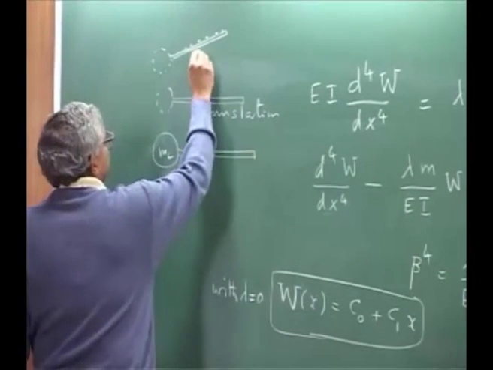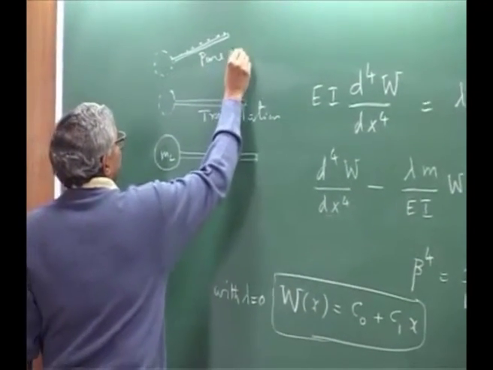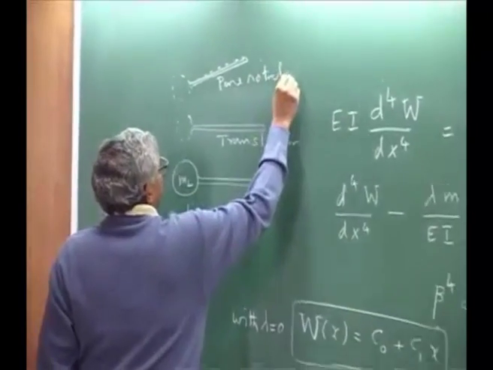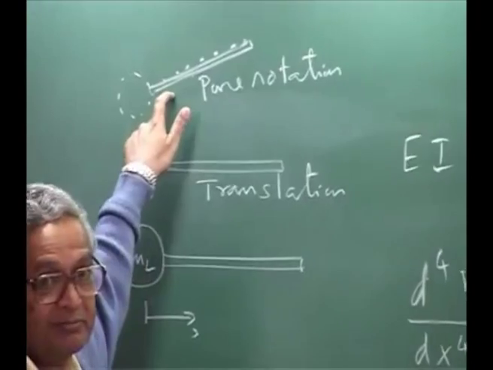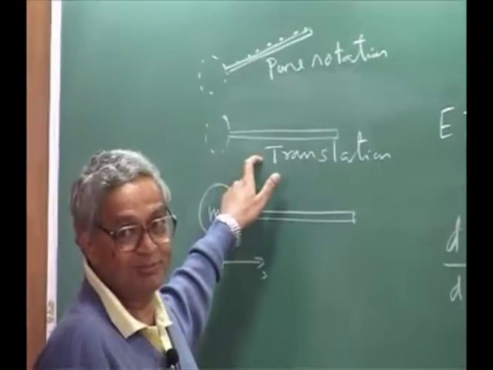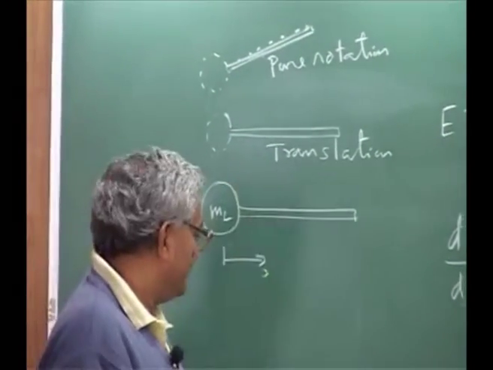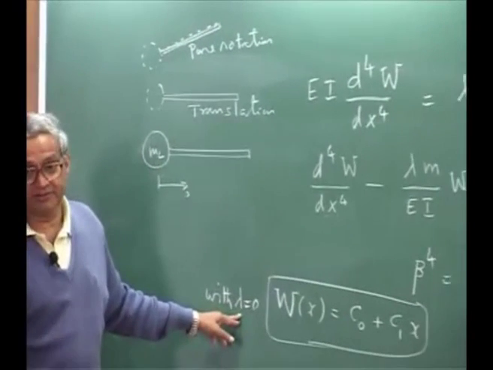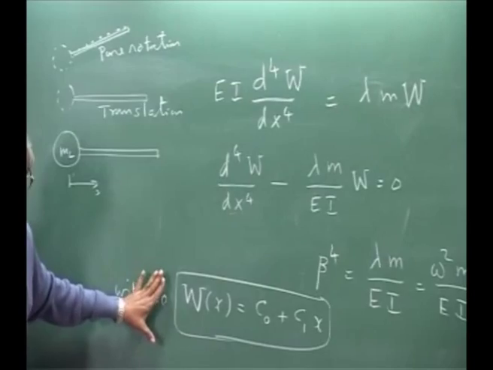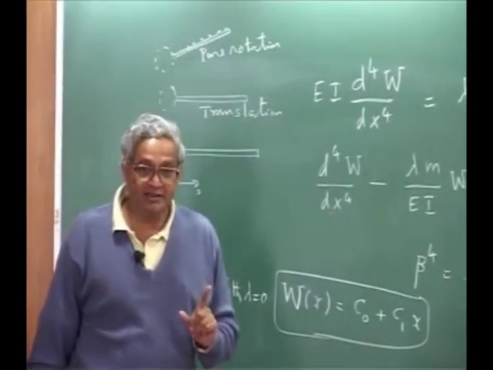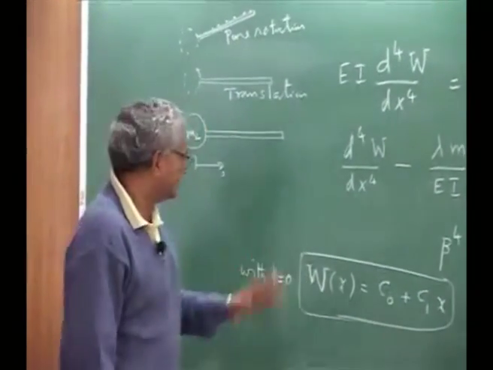This is pure rotation. I can add both of them. That means this is also a rigid body mode and this is also a rigid body mode. The rigid body modes have 0 frequency.